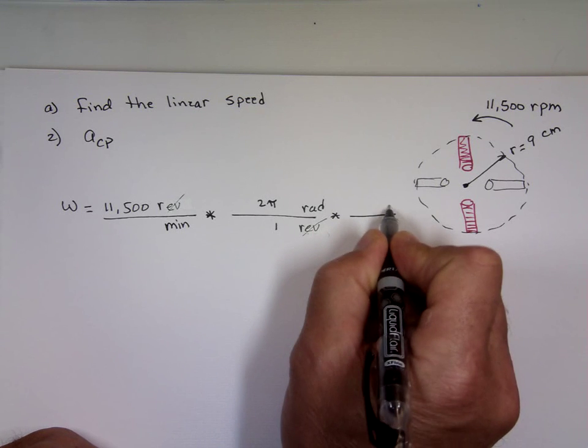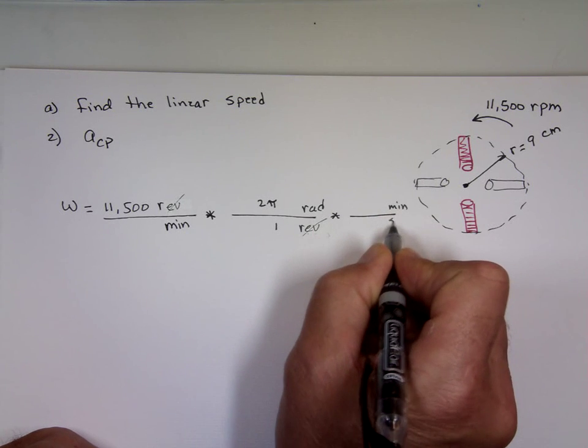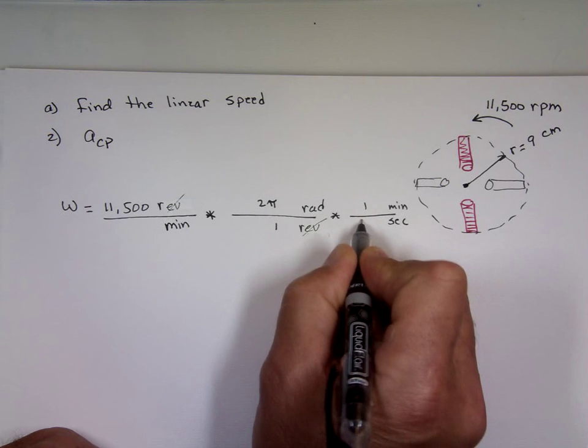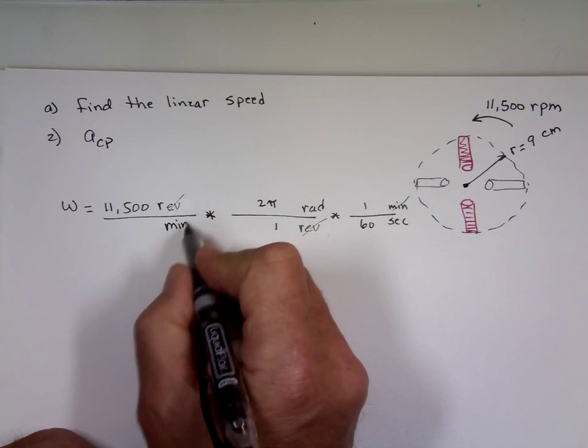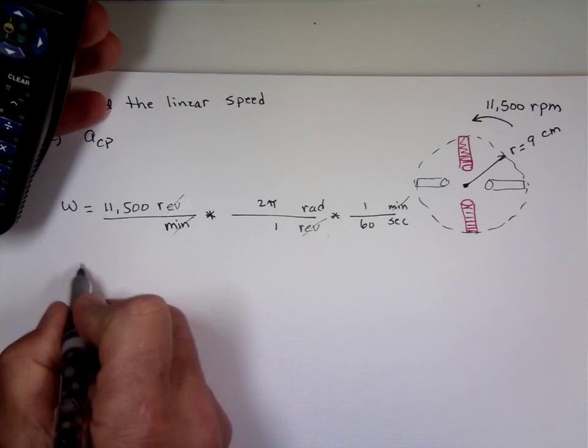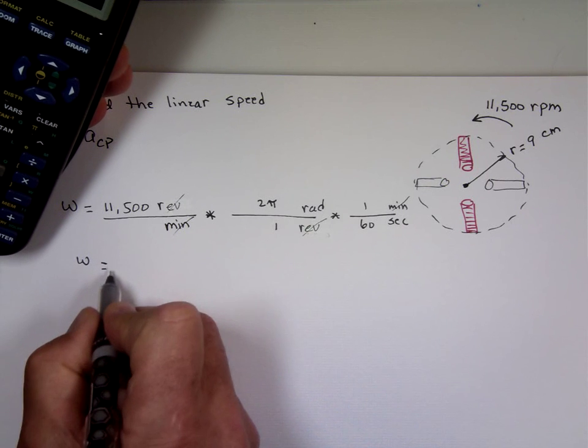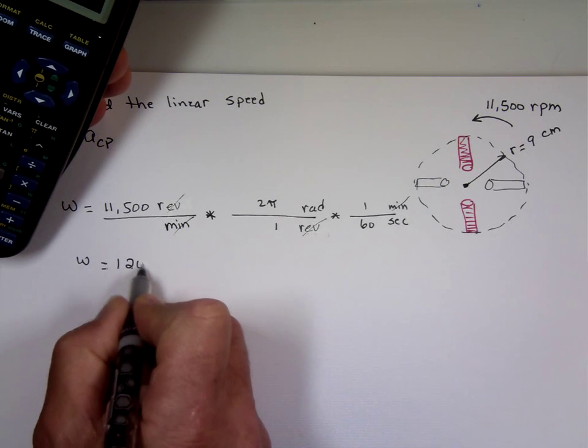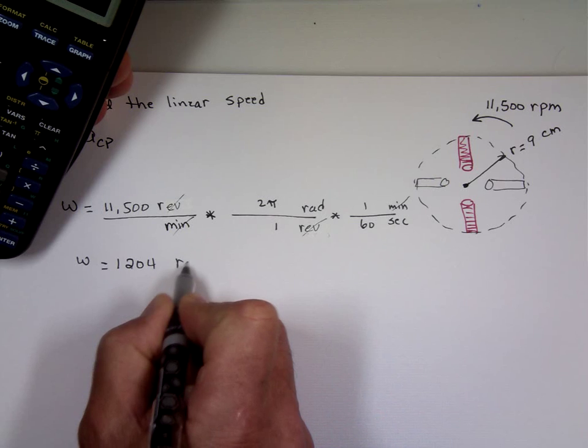So I want minute on the top, seconds on the bottom. 1 minute is 60 seconds. If you do the math, W is equal to what? 1,204 rad per second.